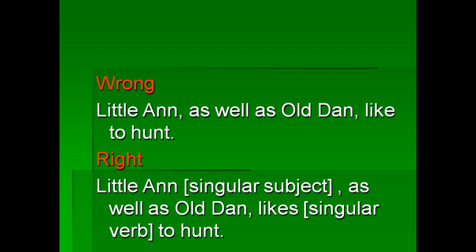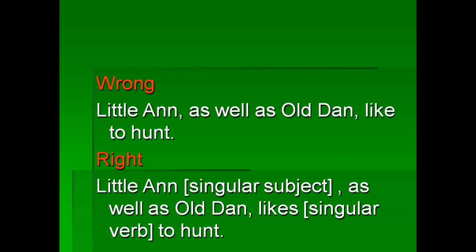Little Ann as well as old Dan is like to hunt. Second one, Little Ann as well as old Dan likes to hunt. Little Ann as well as old Dan. These are individuals doing actions separately.